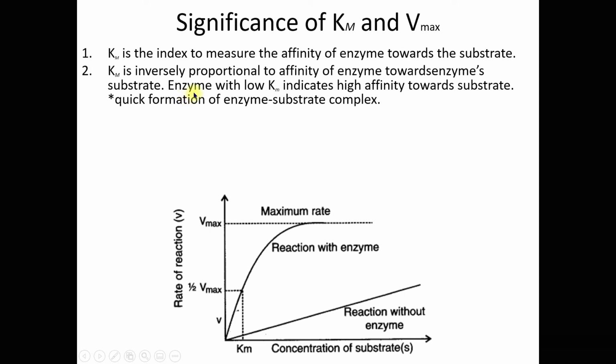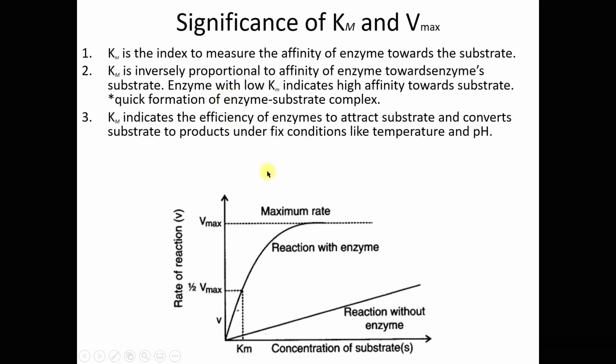So an enzyme with a lower Km indicates high affinity of enzyme towards substrate, right? Quick formation of enzyme substrate complex. Now, Km also indicates the efficiency of enzymes to attract substrate and convert substrate to products under fixed conditions like temperature and pH.